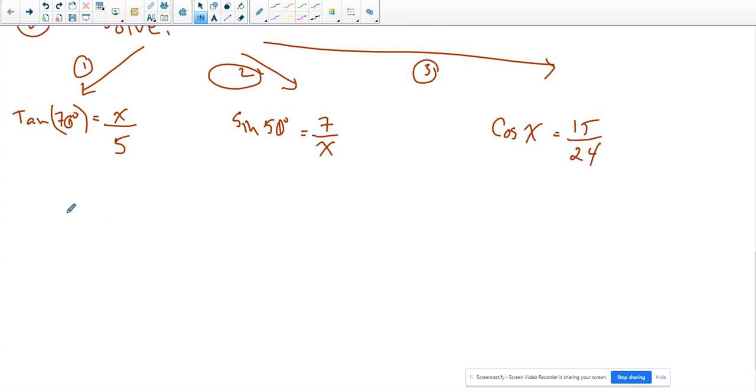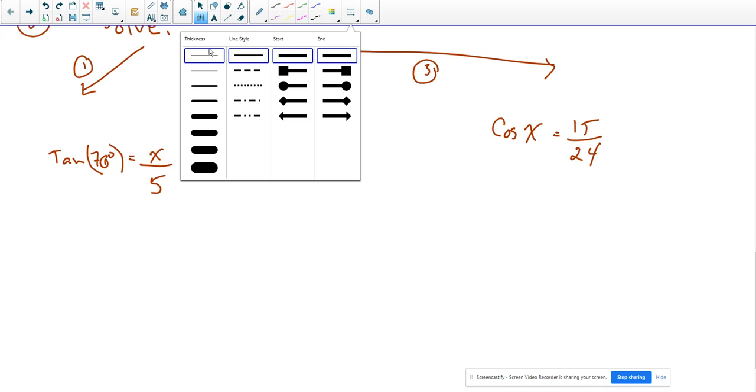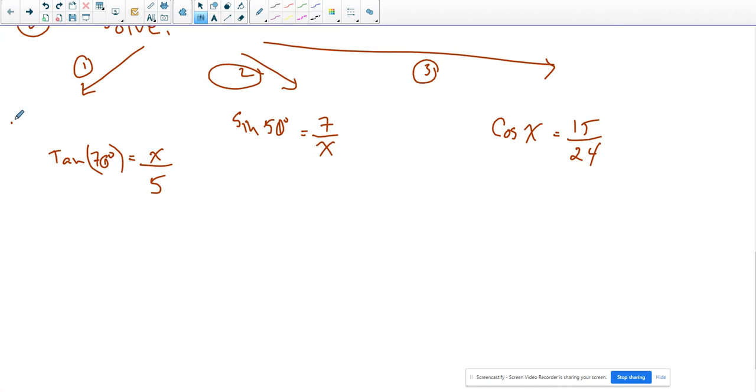So if we take this case as an example, when we're looking for something that's in the numerator, it's the simplest case. Okay, I'm just going to grab this and move it into an easier to access area. Very good. When what we're looking for is in the numerator, we want to solve for x, and right now x is simply being divided by 5.